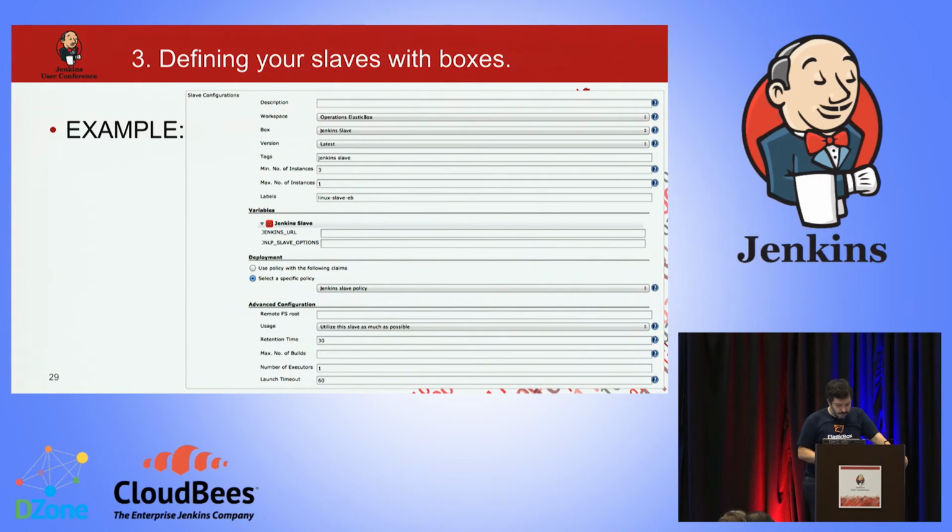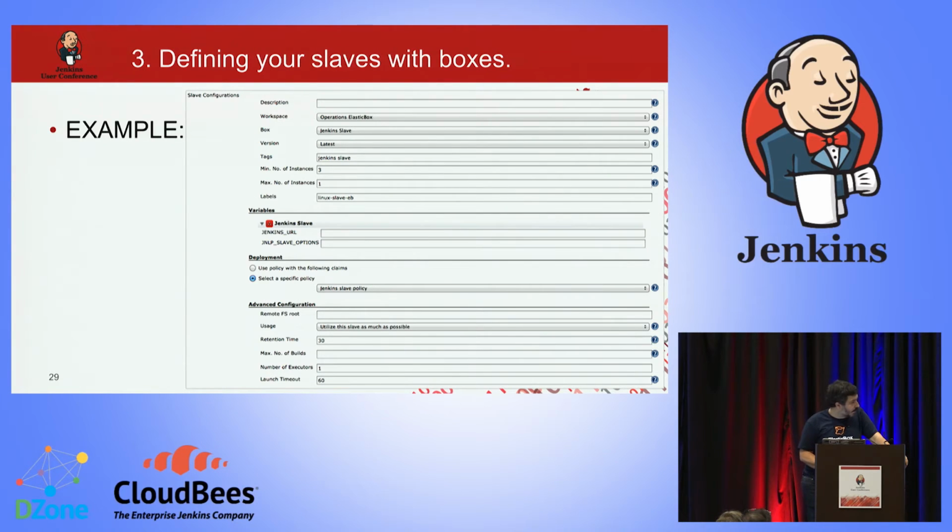Then for each slave, you can define a minimum and maximum number of instances that we are going to deal with later. Then we have the variables that we have seen in the box before, and then you can select a policy, which is the configuration of how and where you are going to deploy that slave.